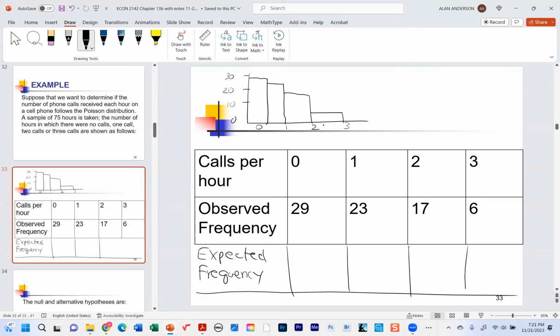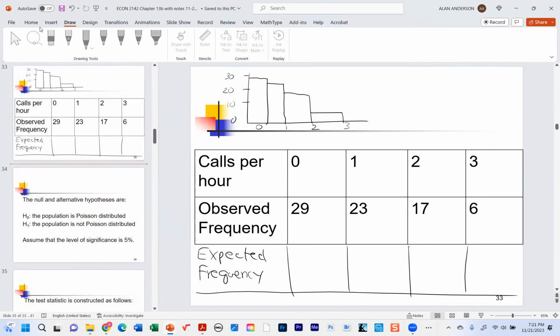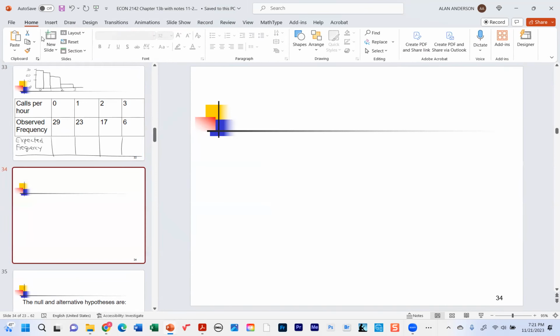It's been a while since you worked with the Poisson distribution, so I'll remind you how to do this on your calculator. But there's one holdup here. If you recall the Poisson distribution, let me just quickly remind you what that looks like. Now, I know you have this in Stats 1, but let's just quickly remind ourselves what this is all about.